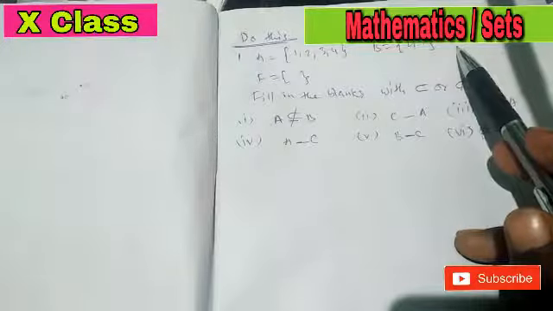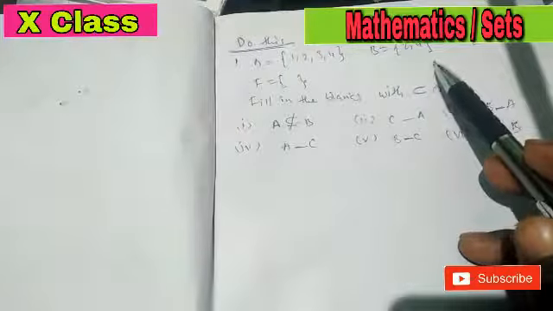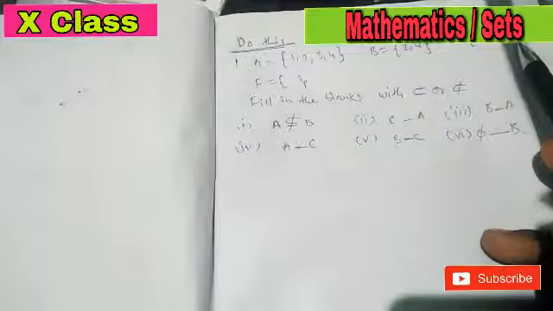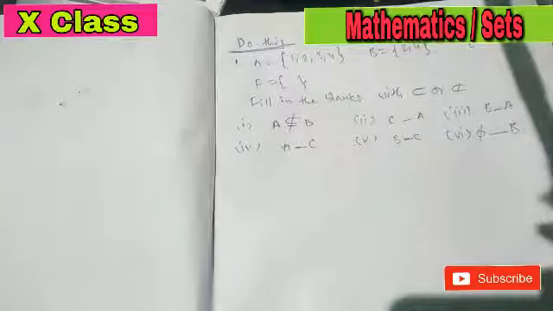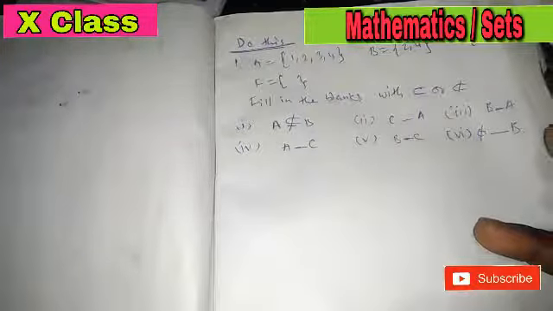So next, C. It contains 1, 2, 3, 4 and 7.